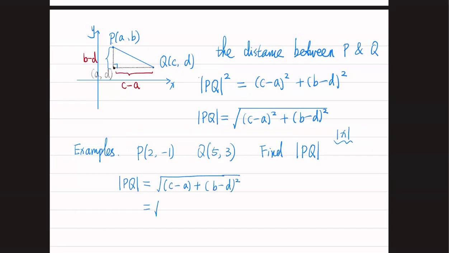In our case, C is the x coordinate of Q. This will be 5 minus 2. Jessica, what's the second part?